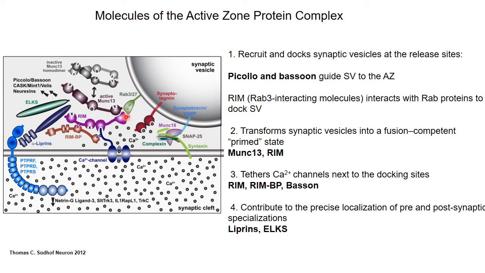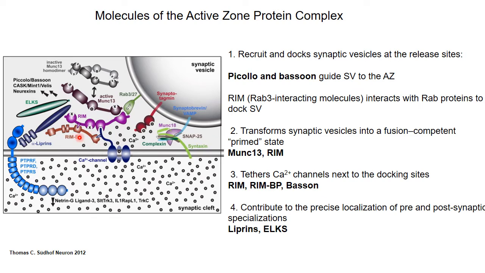So they will guide or prime the vesicles, but they're also involved in tethering calcium channels next to the docking site. This is a common theme: lots of these proteins in the active zone do several different things, and therefore the null mutants that are usually used to study their role will have several different phenotypes, and one may mask the other.